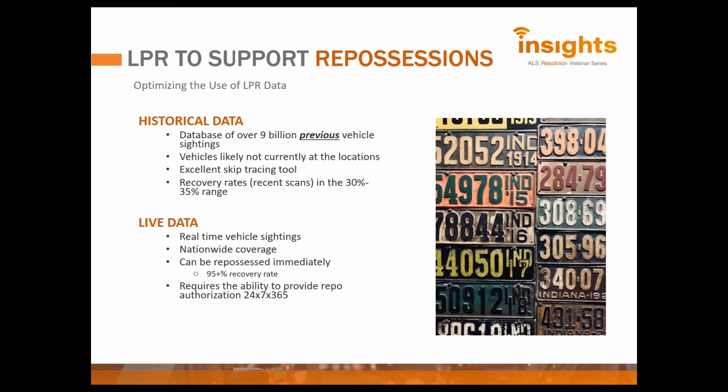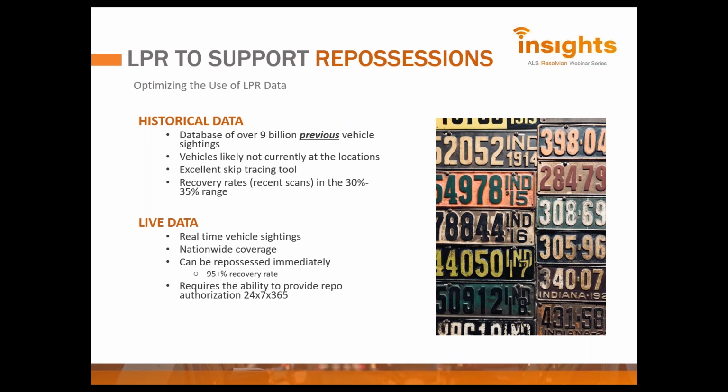Historical data is that database of 9+ billion previous vehicle sightings that I mentioned earlier. In many cases, the vehicles are likely not currently at that location. Historical data can be an excellent skip tracing tool. We use it extensively in our skip operation, and the recovery rates, especially on the more recent scans, are typically in that 30 to 35% range.